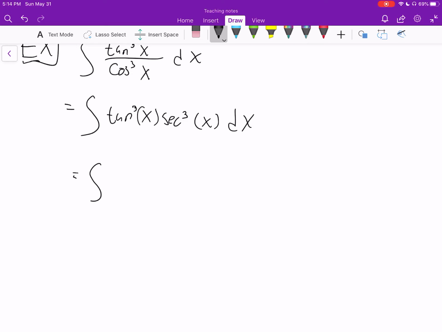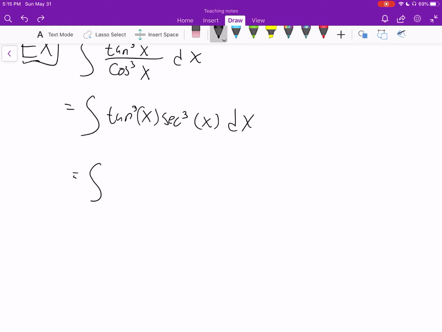You can go through the advice, but the way I do these is I look at these and try to think about what would happen. I want to separate something for a u substitution. I can either separate a tan squared, or I can separate a tan x secant x. If you separate off a tan squared, you're going to be left with one factor of tangent, and that's not something we want to work with.